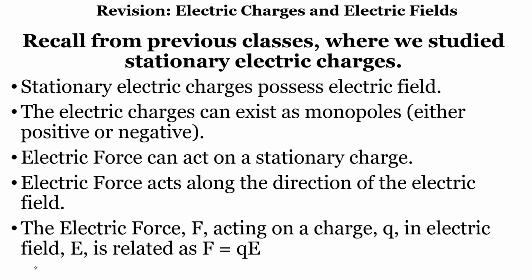So a charged particle, when it is stationary, can be said to possess electric field around it. But when it's set into motion, in addition to that electric field, it will also have magnetic field.